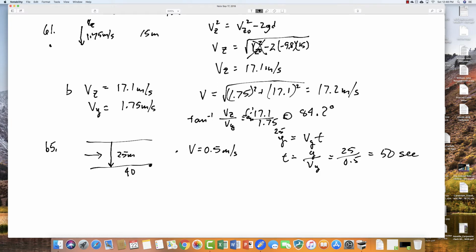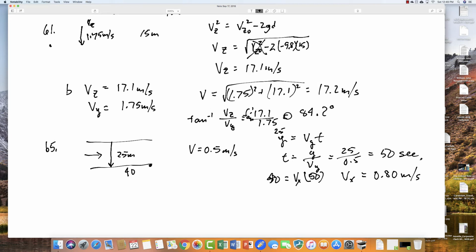We also know that in that 50 seconds, he's actually propelled downstream 40 meters. So 40 meters is equal to some number times 50 seconds. And so the current has to be 0.80 meters per second.